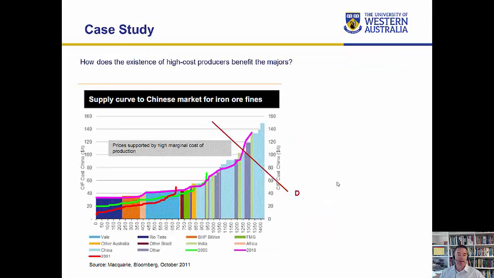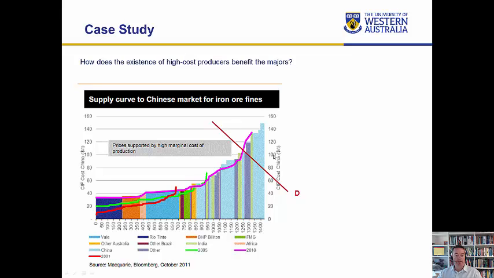The second case study relates to the iron ore market, and what I've got here is an iron ore supply curve. So this is very similar to the electricity example. Each of these coloured columns down here represents a company, or in some cases a country, and the height of those columns represents the per tonne production costs of iron ore.